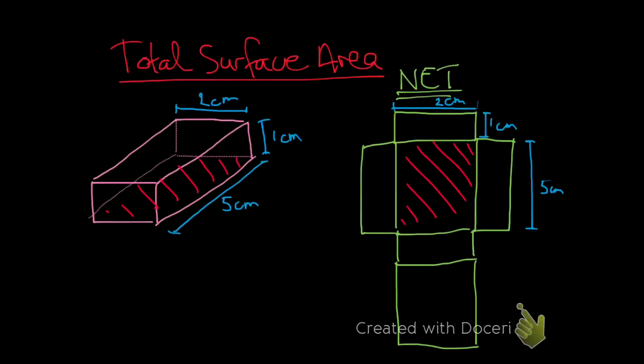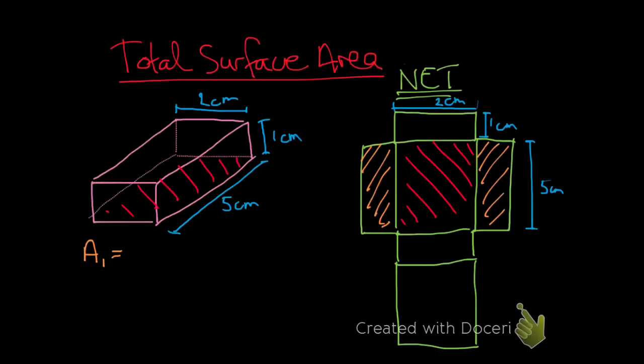Okay, so what I'm going to do first is label the identical faces. If you look at the prism, the two opposite faces are going to be identical in length and width, so therefore identical in area. I'm going to do those in different colours. Let's do the side panels. These side panels will be identical in area, so I'm going to say that the orange areas are both the same.